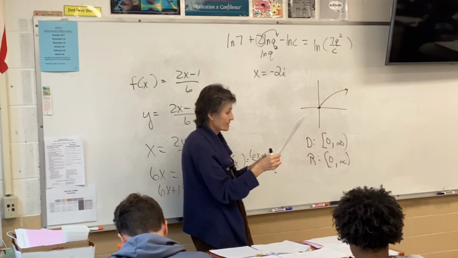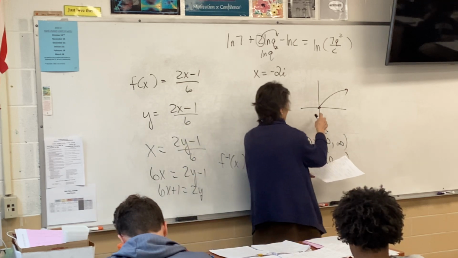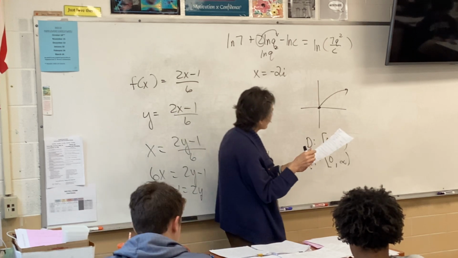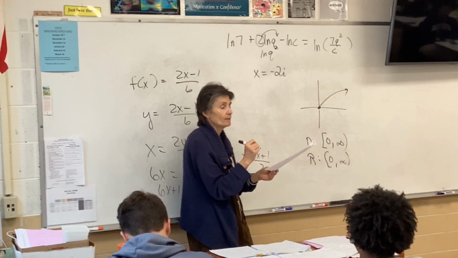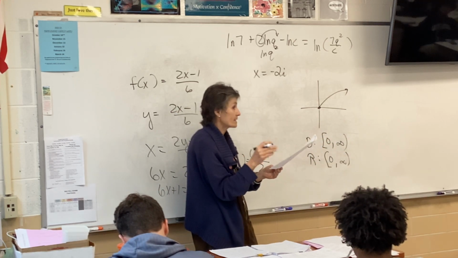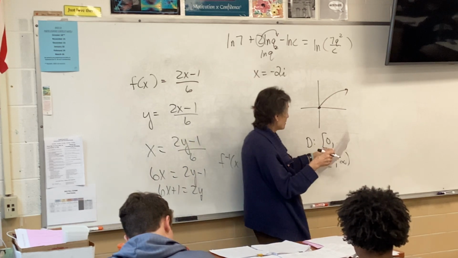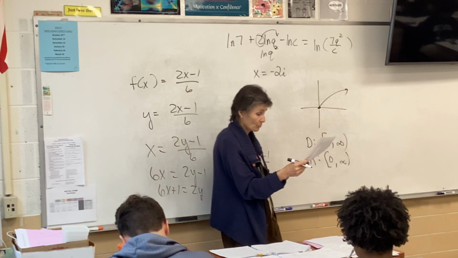Zeros are x-intercepts. What's the y-intercept? 0, 0. Would you call this an increasing or a decreasing function? Increasing the entire time, right? So it's increasing on its whole domain. So from 0 to infinity, it's increasing.